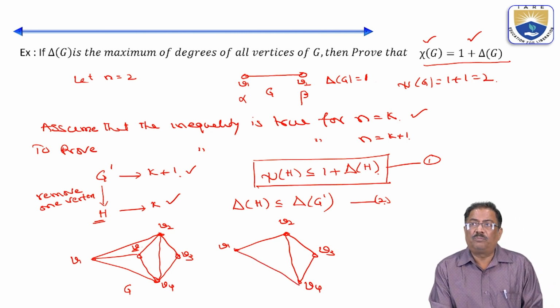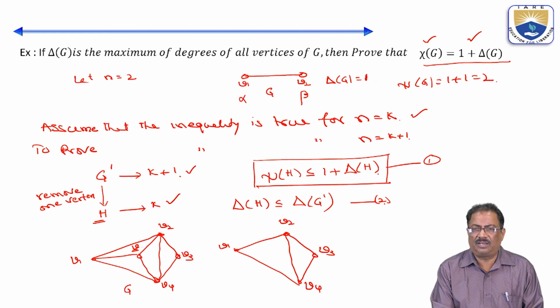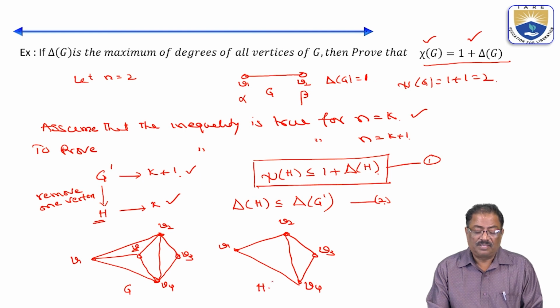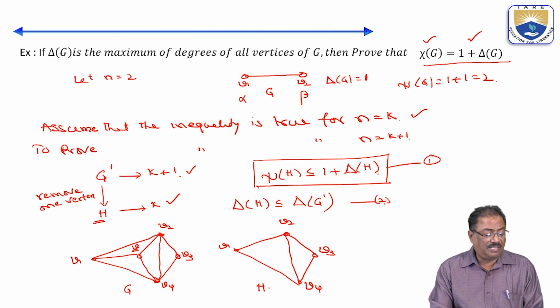Here V is removed, which means all the adjacent edges passing through the vertex are also removed. Let us consider this as H.